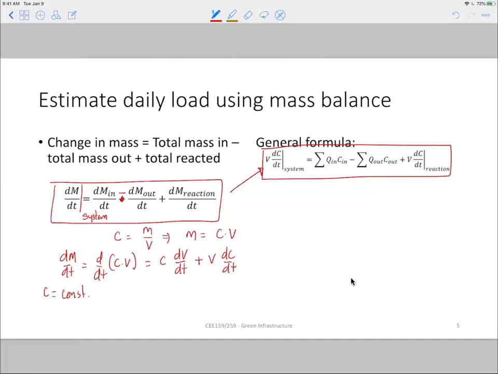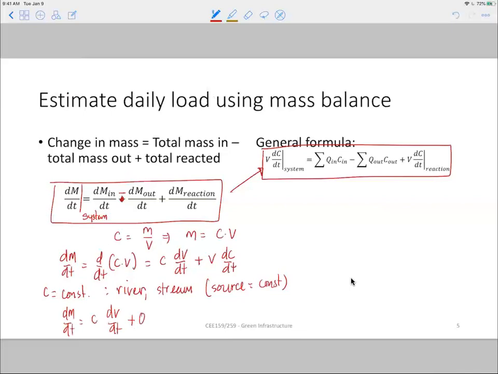That we can assume for, let's say, a river or a stream where the source is constant. Think of a wastewater treatment plant where it's discharging a certain amount of pollutants and it's pretty steady. If the C is constant, then dm over dt would be C dV over dt, and the second term is V dC by dt. The derivative of a constant will be 0.